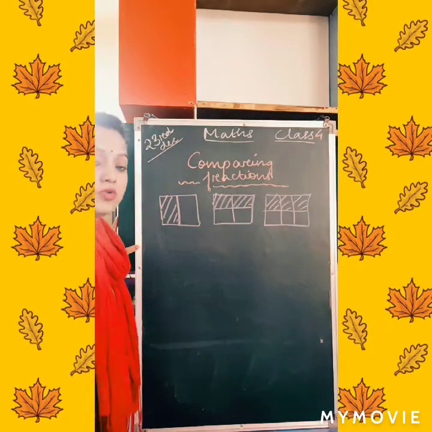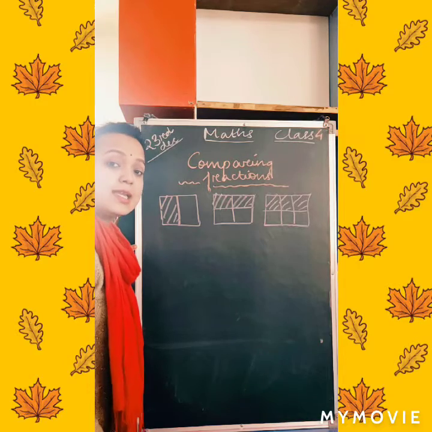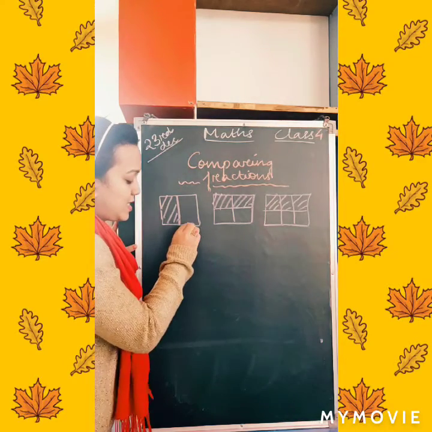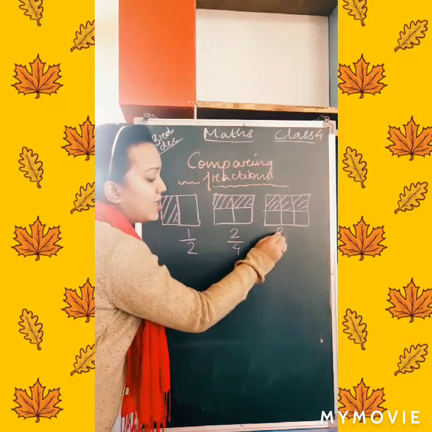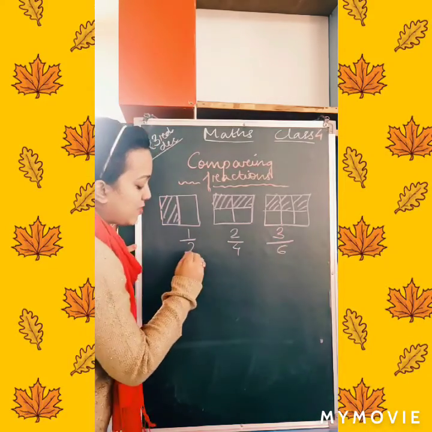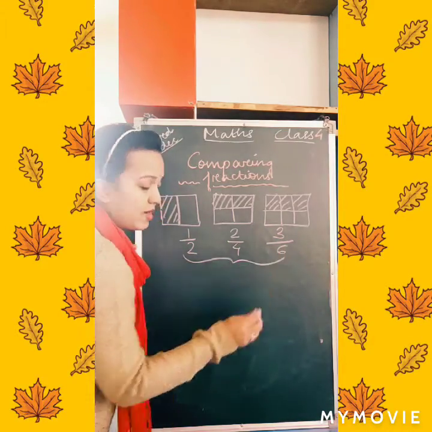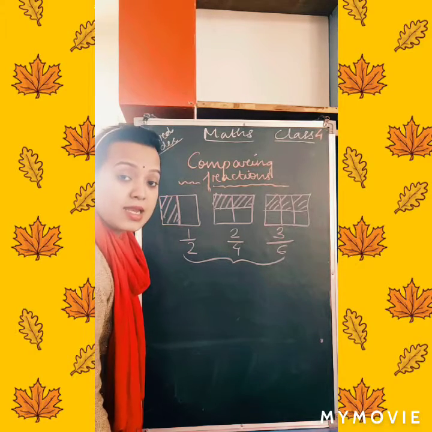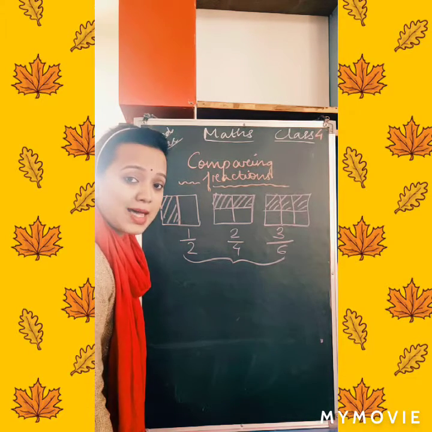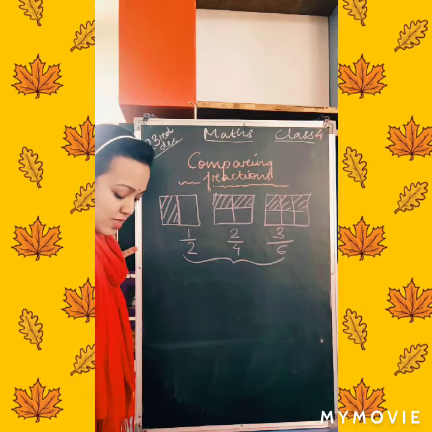Now if I want to represent this figure in terms of fractions, what I can write is 1 by 2, 2 by 4 and 3 by 6. Now see students, all the denominators here are different. That means this is an unlike fraction. Now how do you compare unlike fractions?